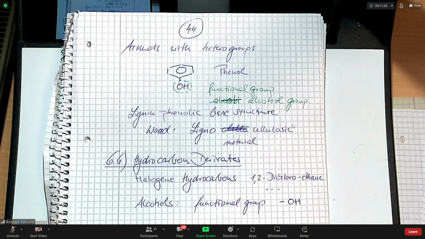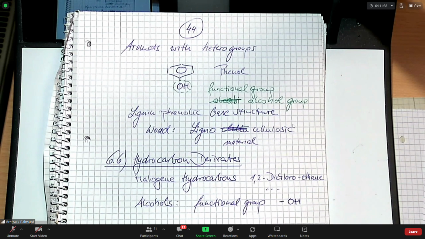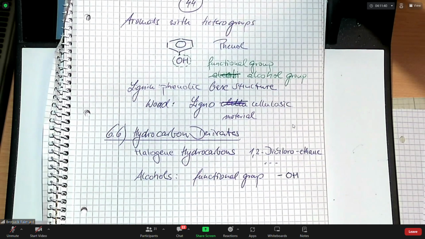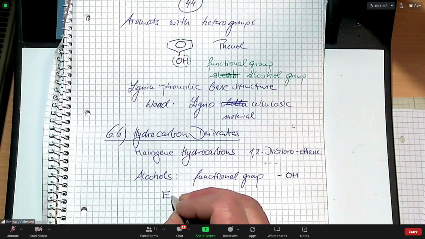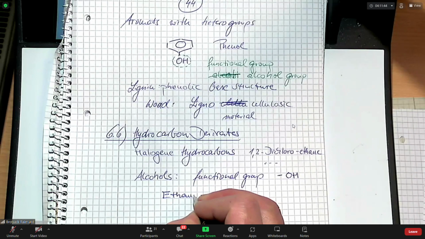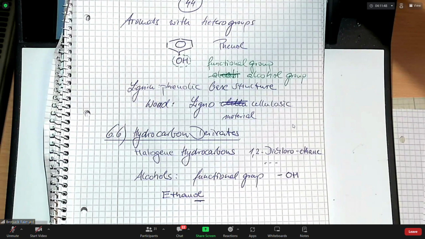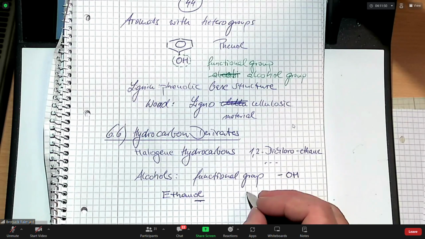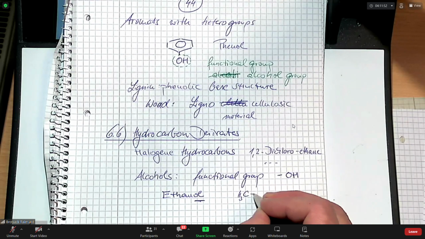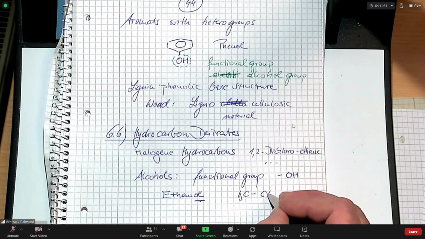That's the alcoholic group. Ethanol. The O is always symbolizing we are talking about an alcohol. So here we have CH3, CH2, OH.